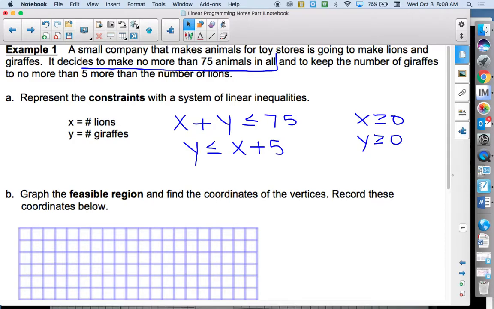Yeah. So because we're actually now making something in real life, we're making toys, lions and giraffes, you can't make a negative number of items. So those are kind of like the assumed ones that are in the problem based off of the fact that we now have an application that we're actually making something. They need to be listed in every single problem because we have to restrict it to a positive number.